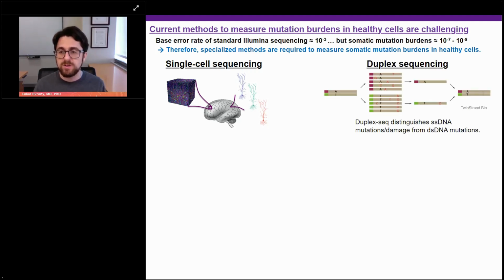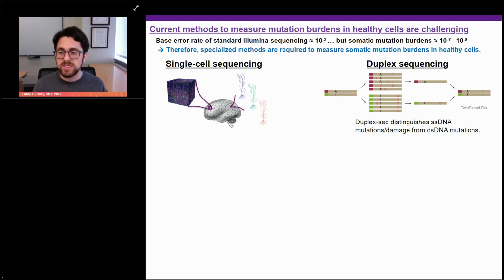Duplex sequencing is another approach that has allowed standard DNA sequencing to radically increase its accuracy. And the way this works is through attaching unique molecular barcodes to double-stranded DNA molecules right at the beginning of the process, where those barcodes are actually reverse complements of each other.